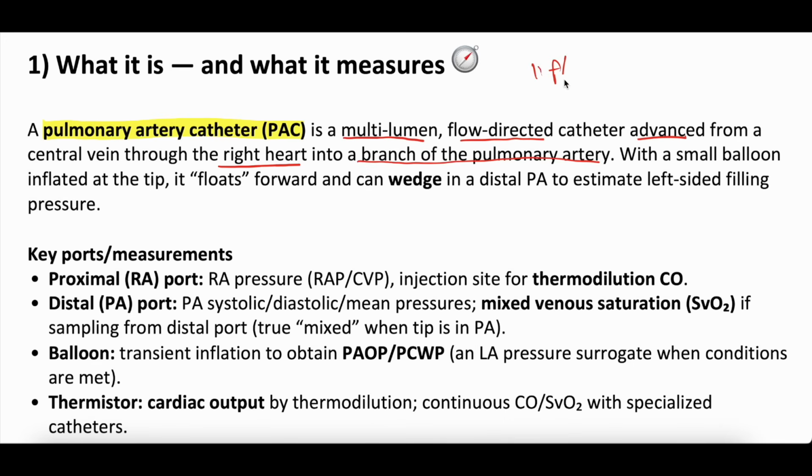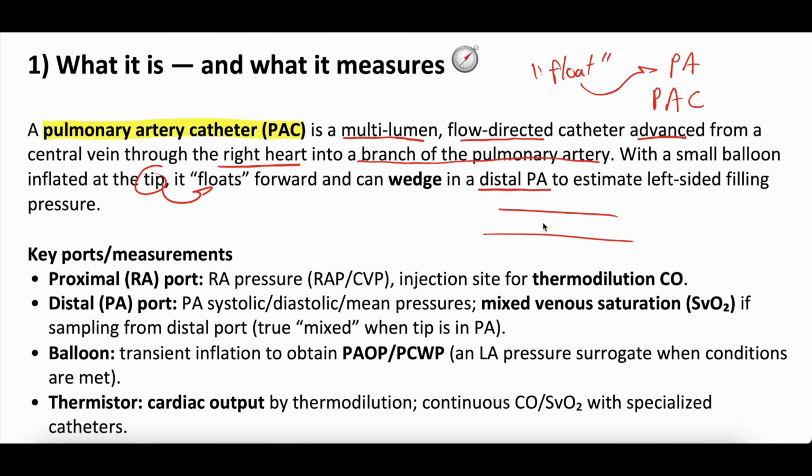You float it, which we'll get into more, using a balloon through those heart chambers into that pulmonary artery, hence pulmonary artery catheter, PAC. It has a small balloon at the tip, which is what you inflate when you're floating it, and then that balloon can actually wedge the catheter in a distal portion of the pulmonary artery, right?